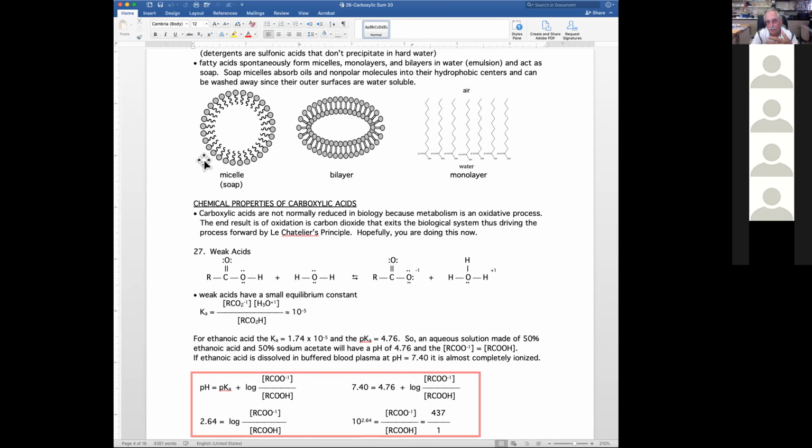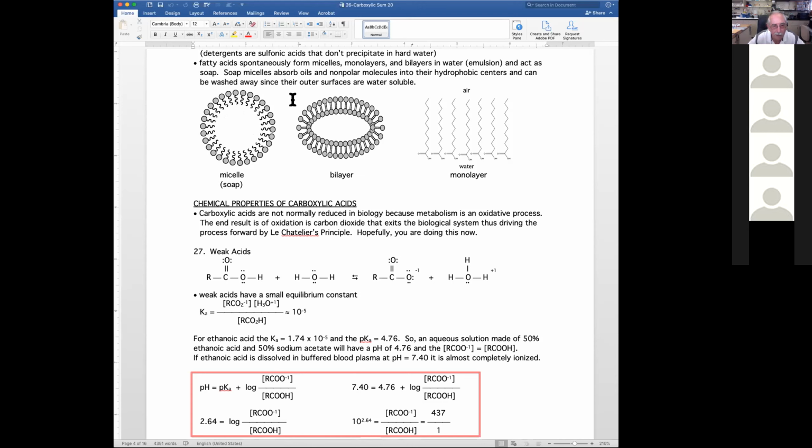So water is an excellent solvent. You may have used it taking a shower before, but water isn't good at taking off oils. That's why we have soap. So what does soap do? Well, you have these monolayers, bilayers, micelles. You start rubbing it on the skin or wherever there's oils. Look what happens in here. In a micelle, this is a nonpolar region.